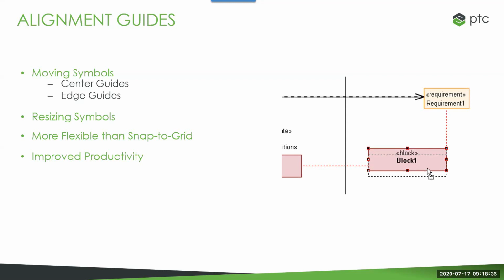So it helps to very quickly manually arrange a diagram and get the layout just as you wish. It also works when you resize symbols, so you can tidy things up and get everything aligned very nicely.